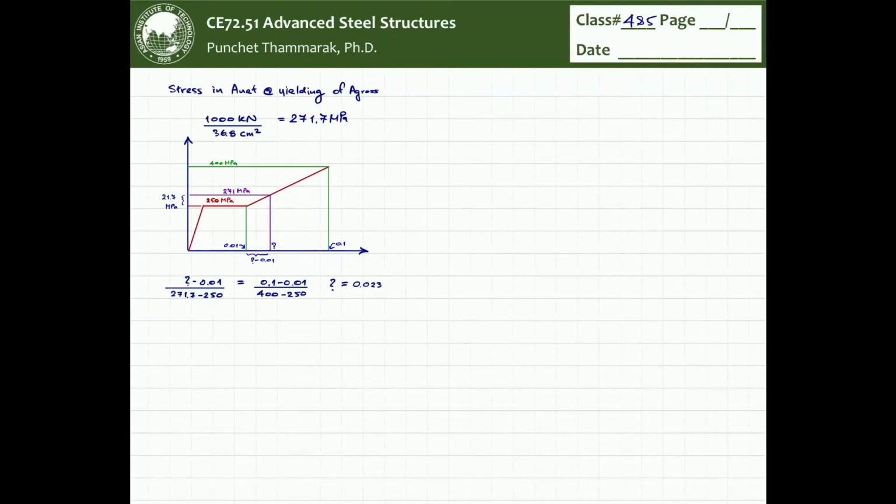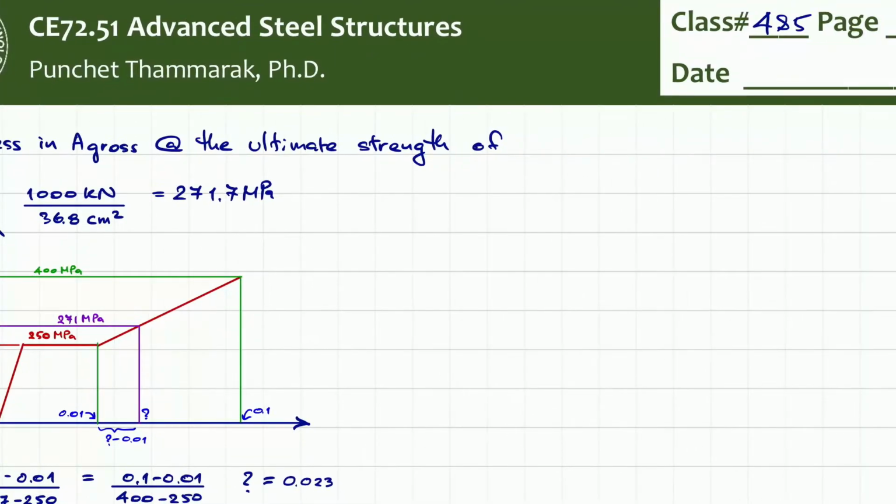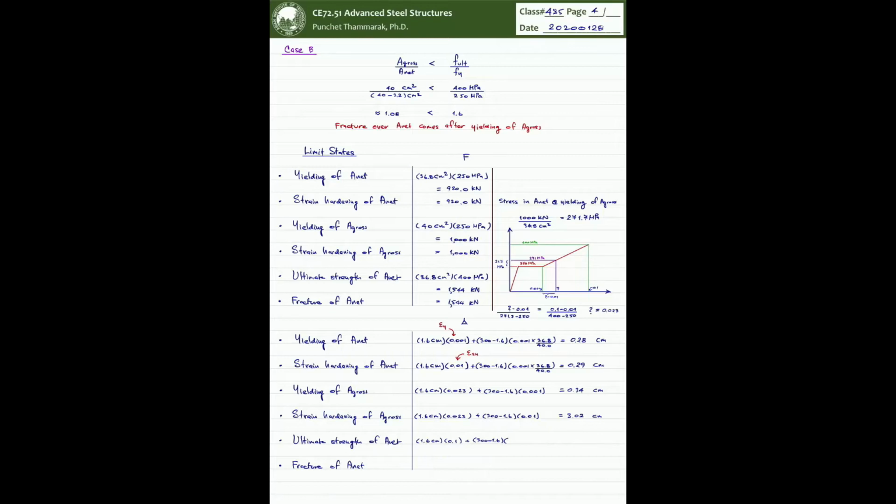It is what stress in A cross at the ultimate strain of A net. So let's take a look.